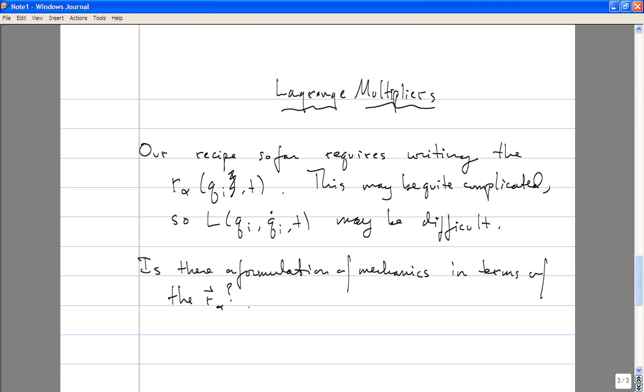So in particular, so far our point of view has been that we write the positions in terms of the degrees of freedom, and then we think about the action as a function of the degrees of freedom. And so we impose the constraints before writing down the action.